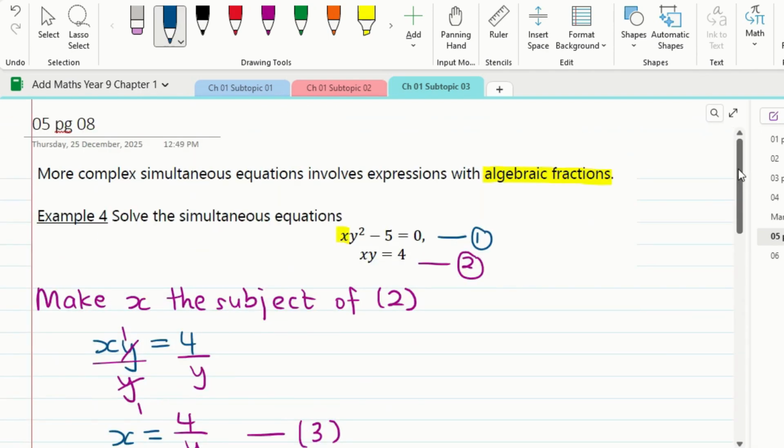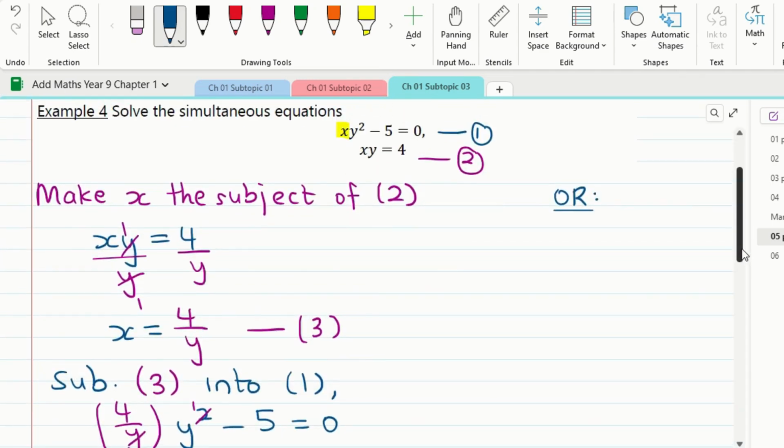So that's the working for this. But you also have an alternative working, and I will show you how to do that, because you might need this method in the future. It is another approach if you encounter this kind of equation where you have a similar form but need to make certain changes. In equation number 1, you may also move the negative 5 to the right hand side.